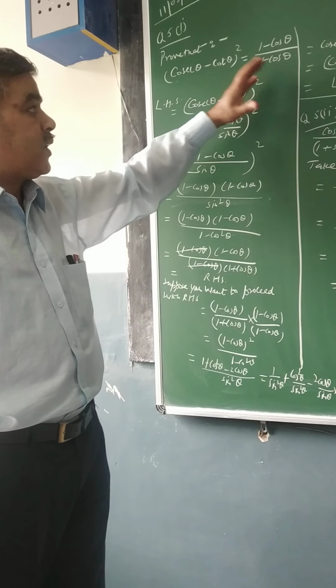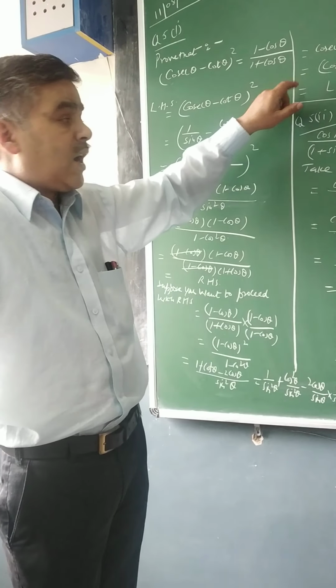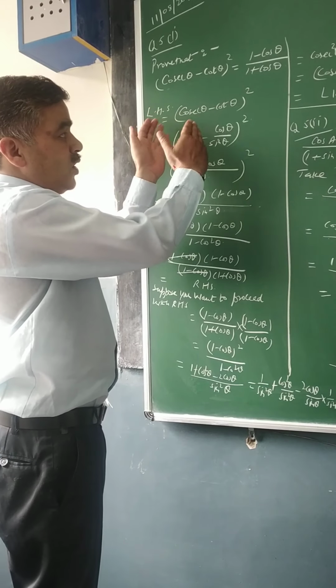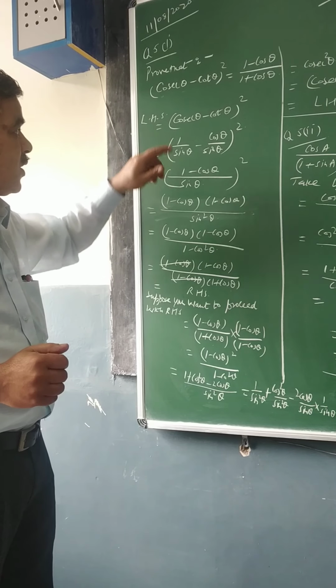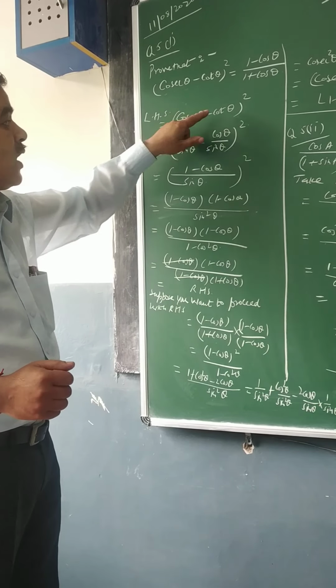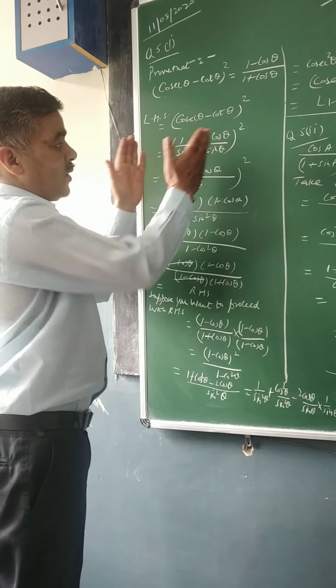That's why I need to pay attention. What is there in the left hand side and what do I need in the right hand side? I don't want any square, so I will avoid that expansion in terms of a square plus b square minus 2ab. That's why I avoided that, and I have written cosec is the reciprocal of sin, and cot can be expressed as cos upon sin, and whole square.